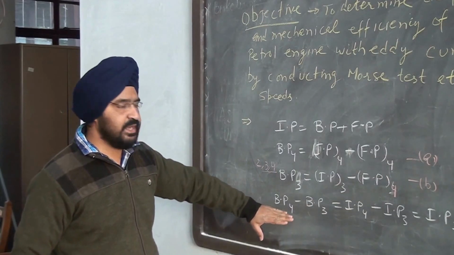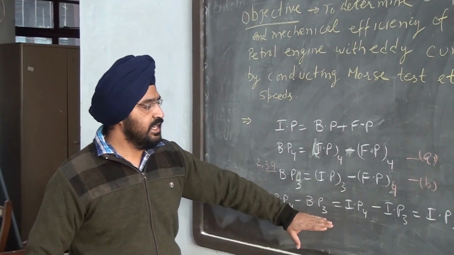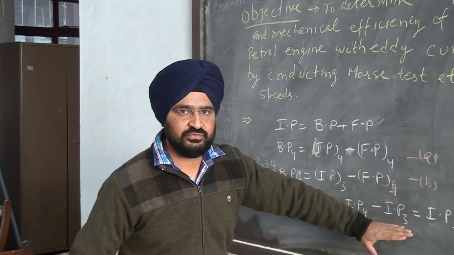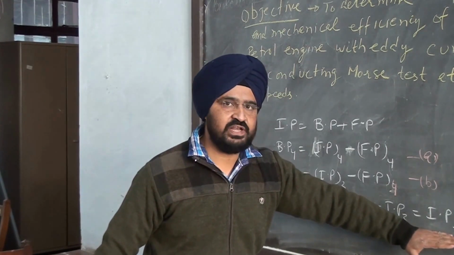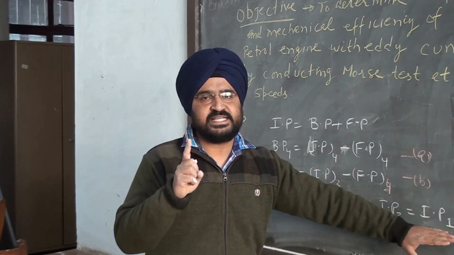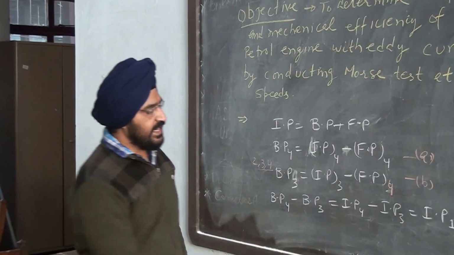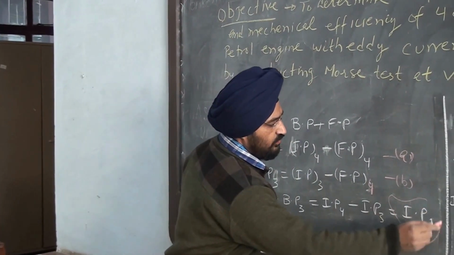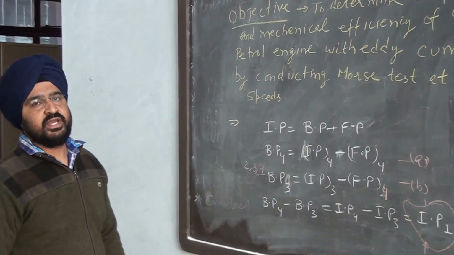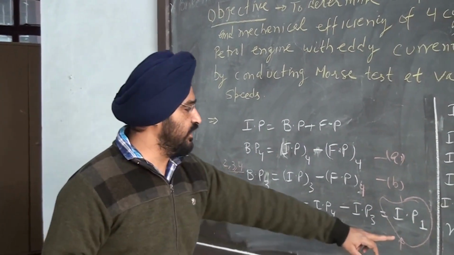So we will have the brake power of the four cylinders minus the brake power of the three cylinders, equal to the indicated power of the four cylinders minus the indicated power of the three cylinders, and that will be equal to the indicated power of the one cylinder whose spark plug we cut off. So we are getting the indicated power of the cylinder for which we have cut off the spark plug.